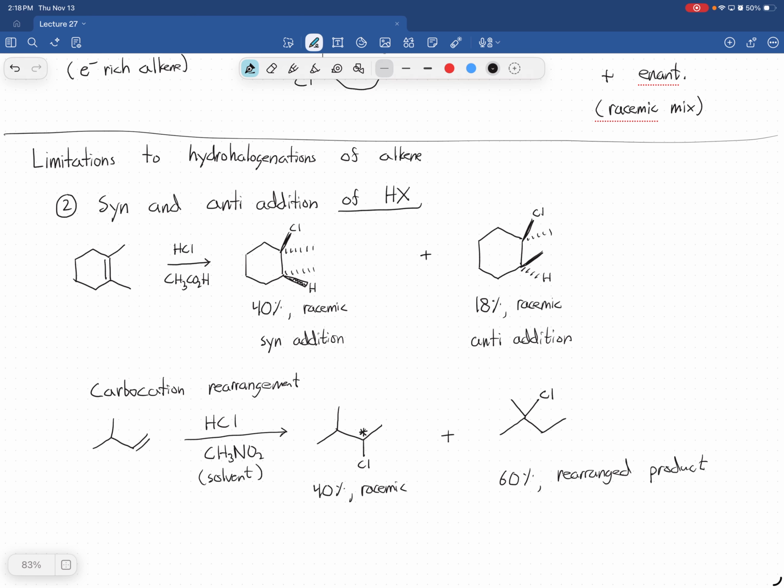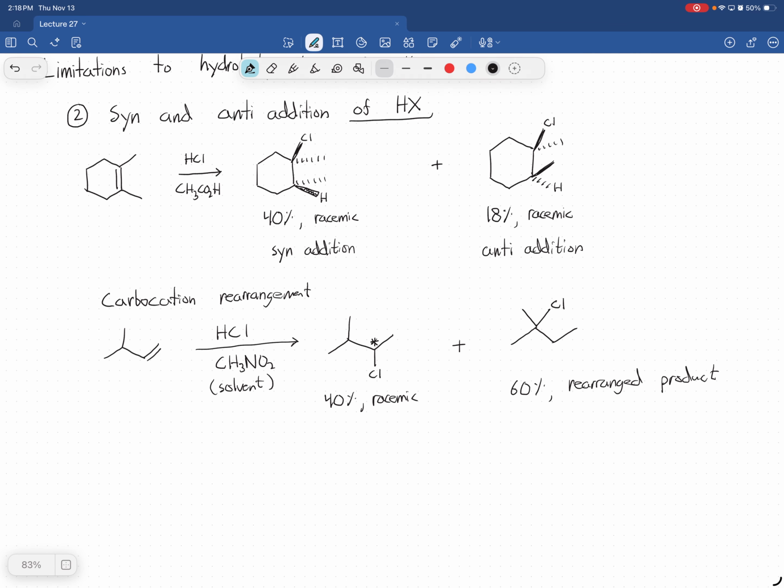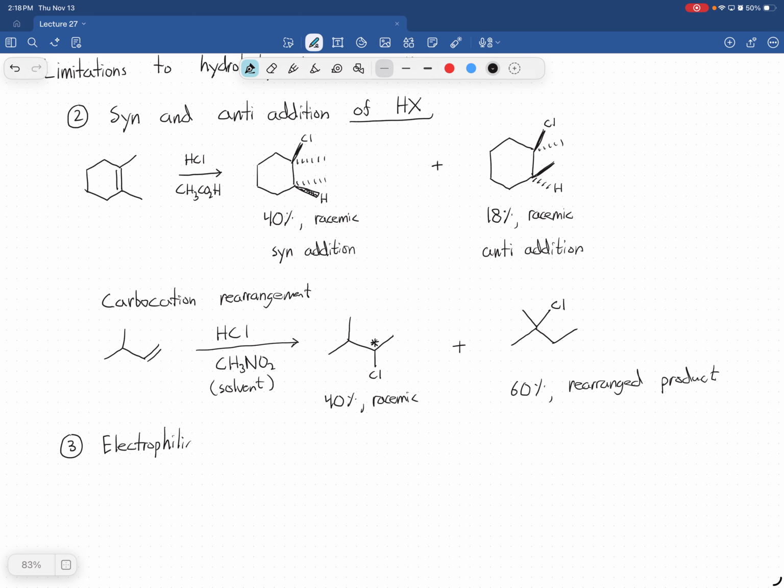All right, so now we didn't talk about water, so I'll go in more detail about water because we just did that example. So I'll elaborate over that. So our third reaction here for alkenes, electrophilic addition of H2O.